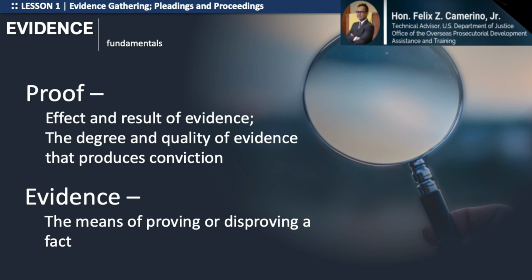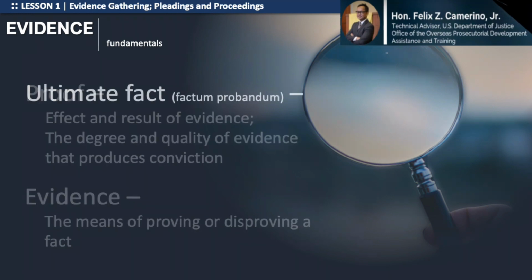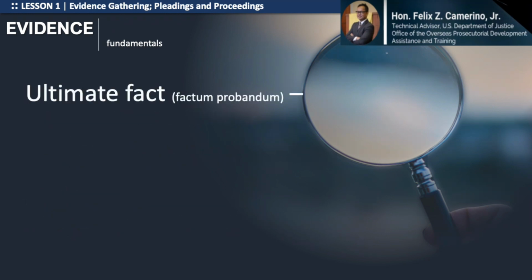All right. Now, when we're talking about collection of evidence, as I said earlier, it usually involves a series of facts that lead to proof of another fact, until you're able to prove the ultimate fact.